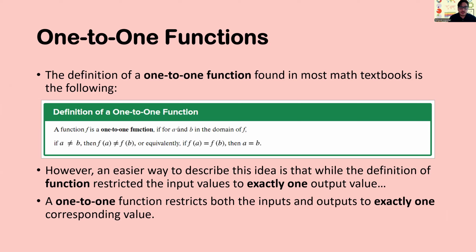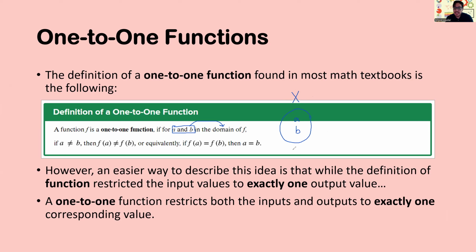So for the definition, it says a and b are in the domain of f. Okay, so imagine that I have a function and I have a circle here that's going to represent my domain, my x values. a and b are just numbers that are in my domain, okay?